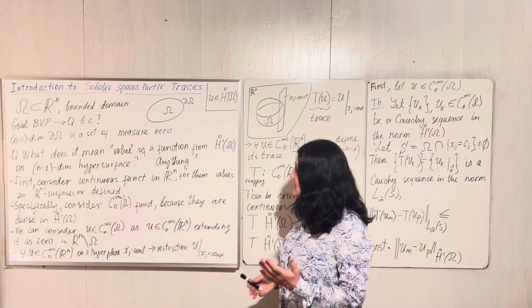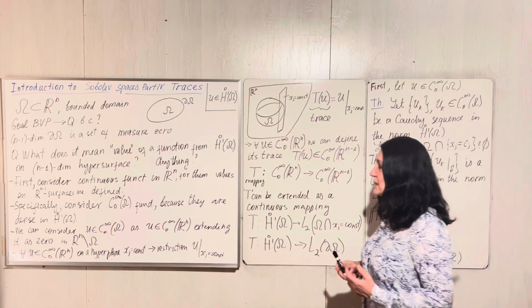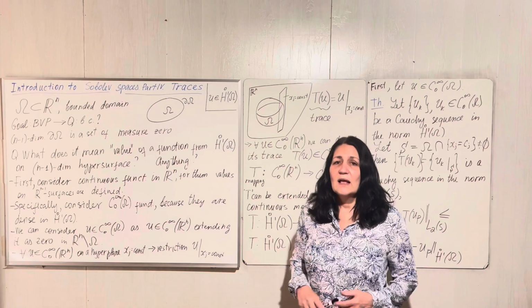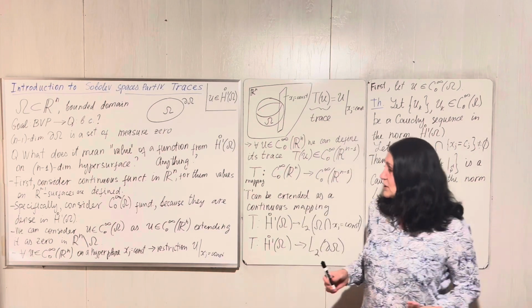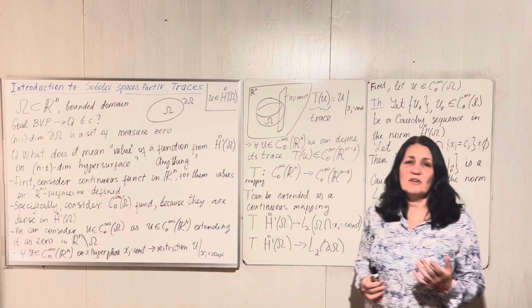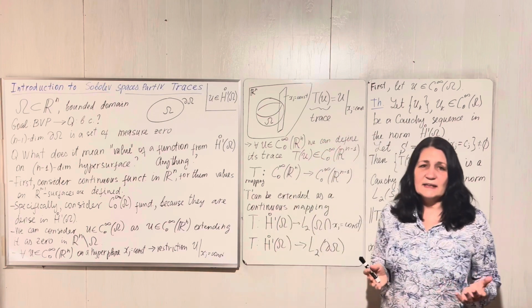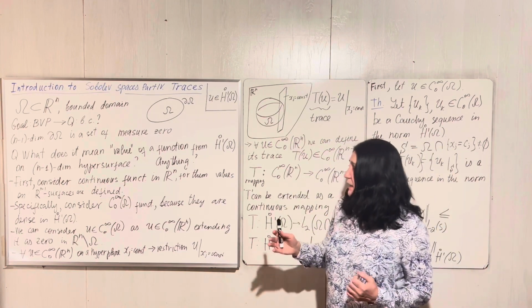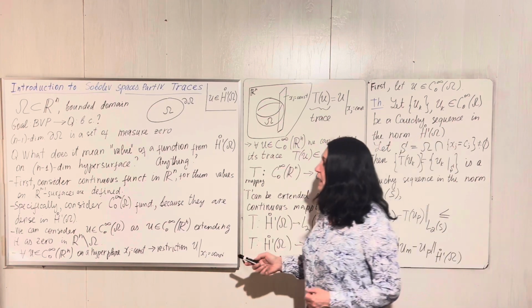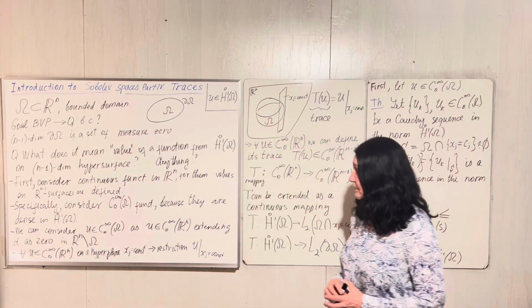So just to make sense of it, let's start with continuous functions. Because for continuous functions in Rn, we can easily define values of this function on any hypersurface, or surface in this n-1 dimension.